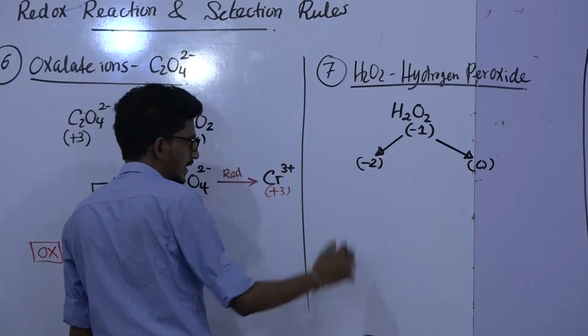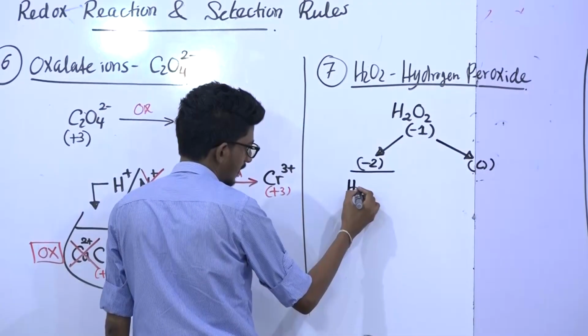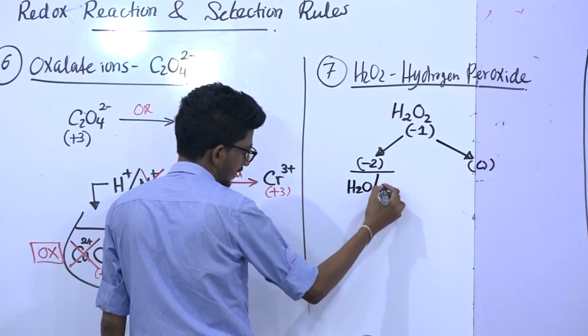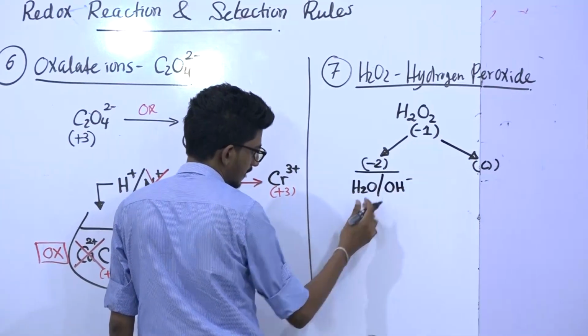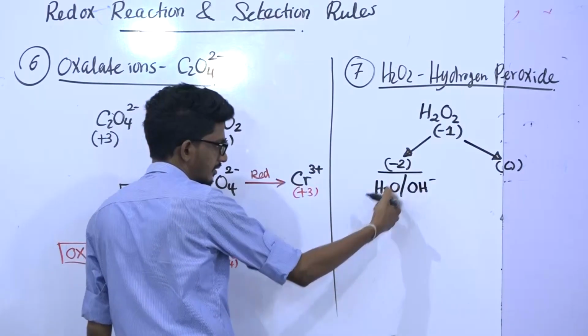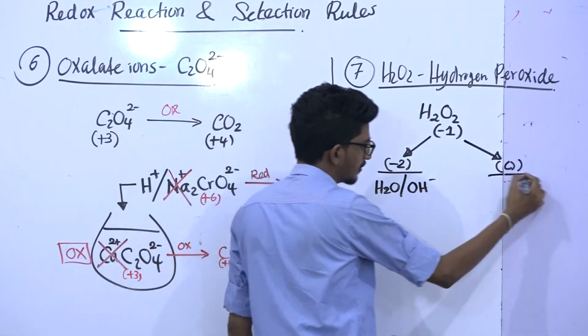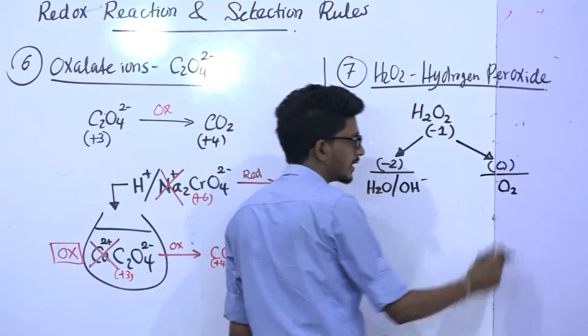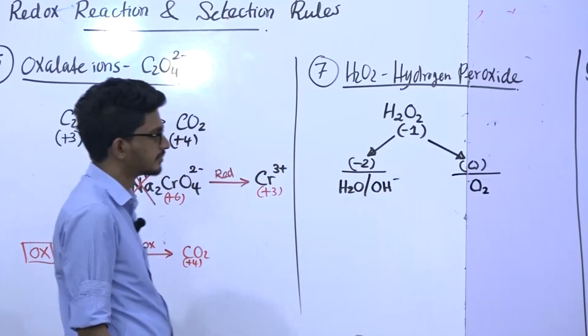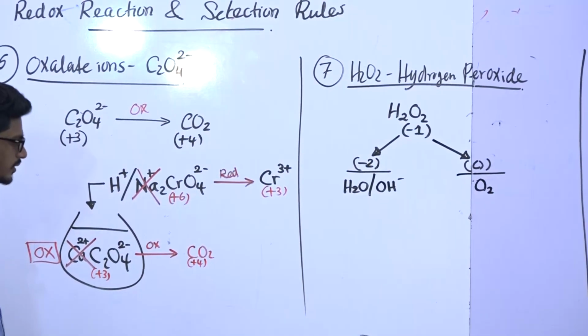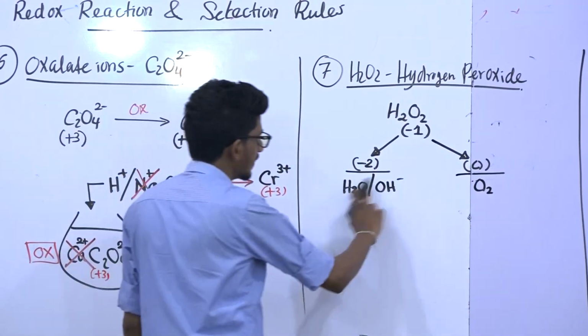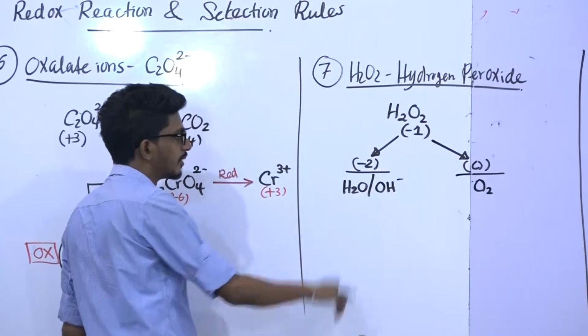The -2 oxidation state represents H2O or OH-. The oxidation state of oxygen here is -2. When it comes to O2, the oxidation state is 0, right? So these are very stable oxidation states, very stable compounds.